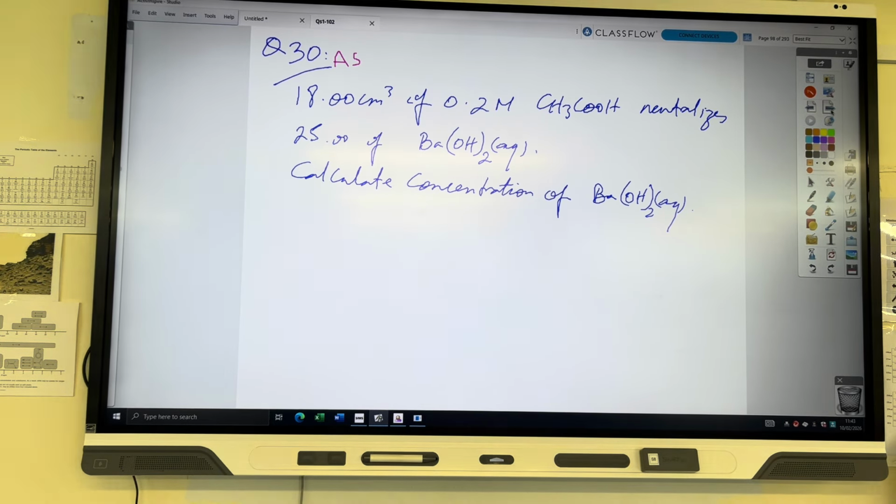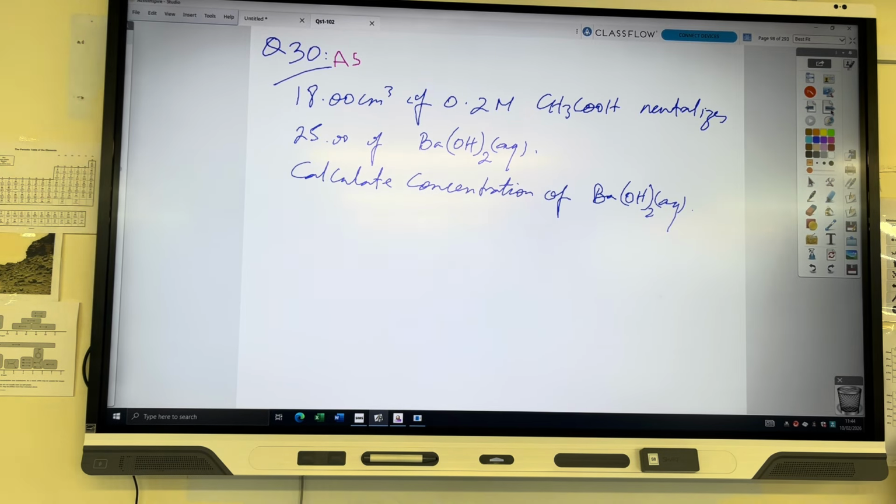Question 30, 18 cubic centimeter of 0.2 molar ethanoic acid neutralizes 25 milliliter of barium hydroxide solution. Calculate the concentration of barium hydroxide. My students should know my 1 to 4 approach. 1, balanced equation. 2, calculate the concentration of acid. 3, calculate the number of moles of the alkali.